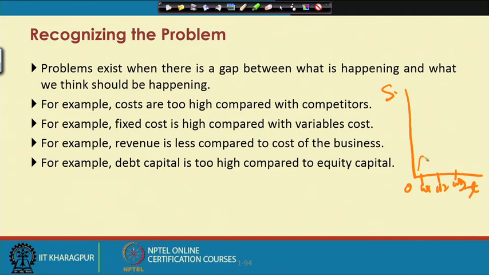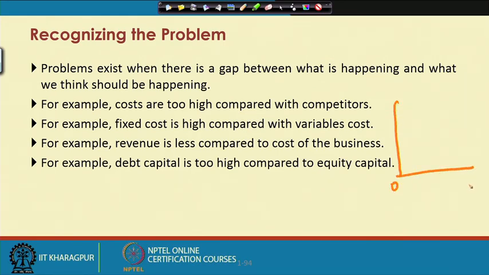I am plotting the actual phenomena, maybe like this, and the desired phenomena like this. Let me clean it once and put it in a more attractive way. This is 0 to week 1, week 2, week 3 and so on. So this is the actual flow, and this could be the desired flow.